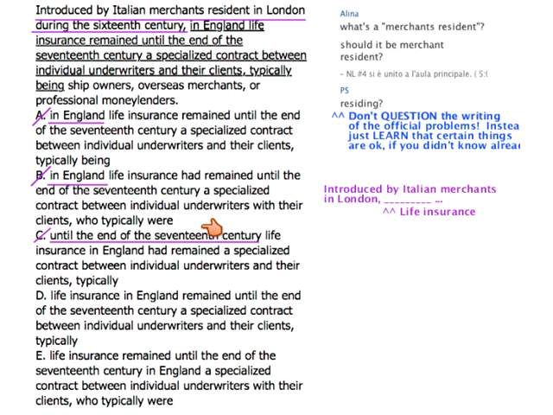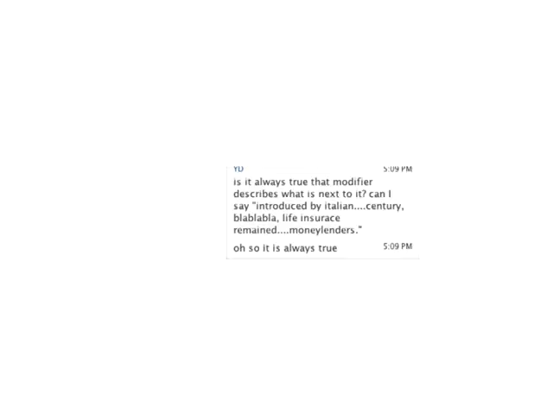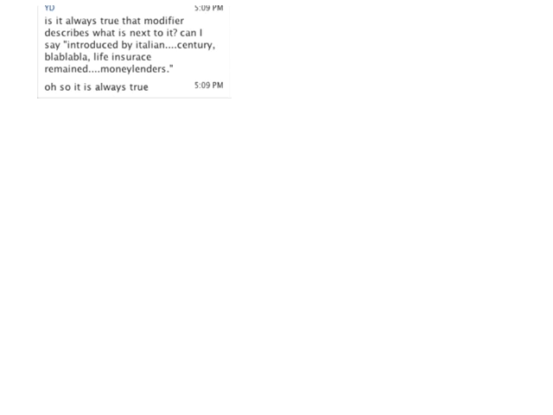Actually, let me elaborate on that a little bit in another frame. So here is the deal. Let me give you a more detailed explanation of what I've seen as far as this goes. So for this construction: initial modifier, comma, thing or person, blah blah blah.